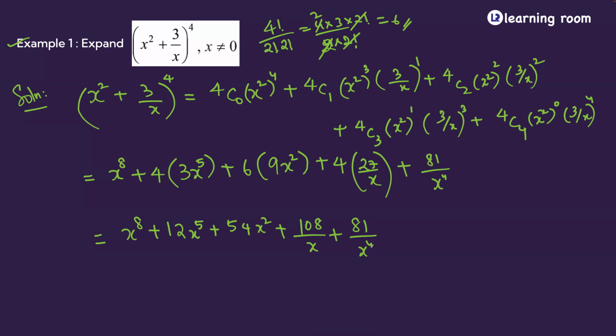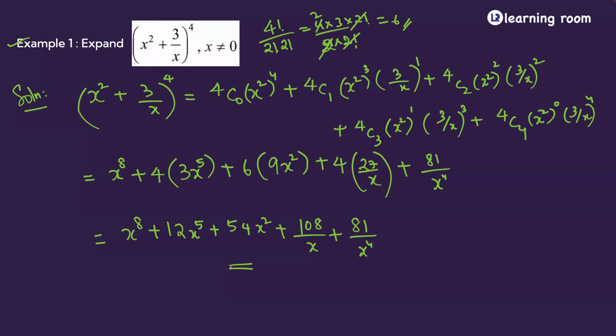This x square power 1 is there. So this is the final answer. Okay. So keep checking the answer also. Is it matching? So 27 into 4, 108. So whenever they say expand, don't leave it as 4c naught or something. You have to expand and write it properly.